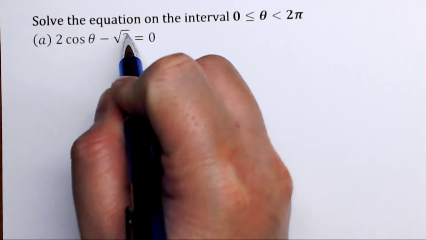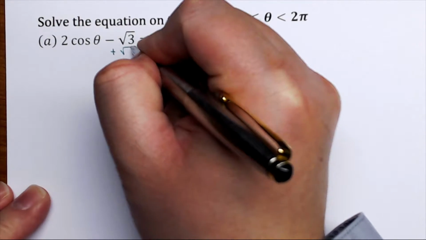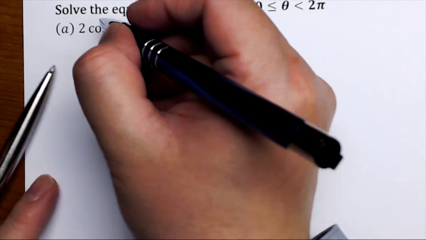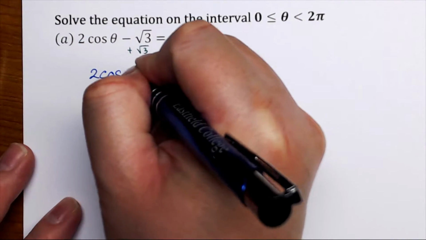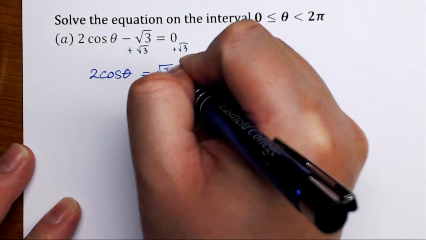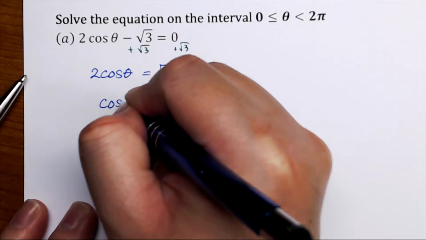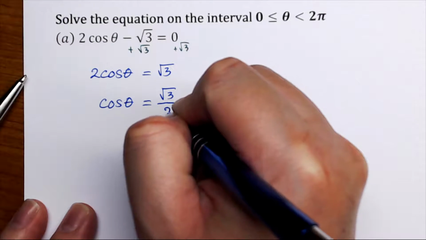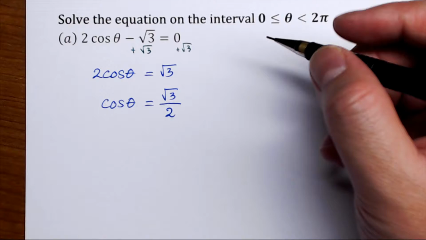So I will add square root of 3 on both sides, and then divide by 2. So we should have cosine theta equals square root of 3 over 2. And then we just find theta.